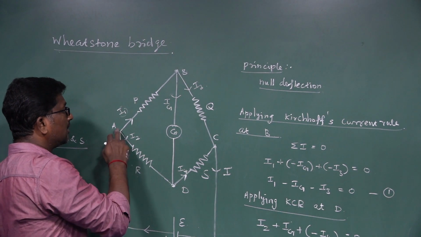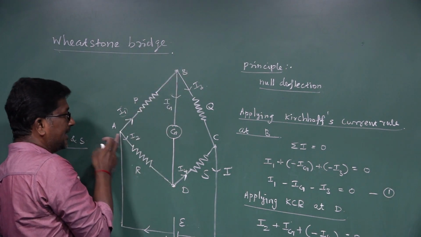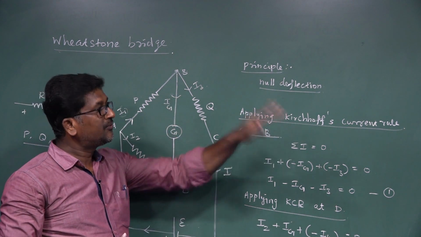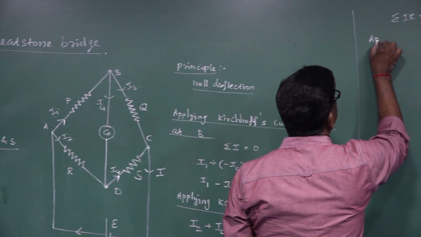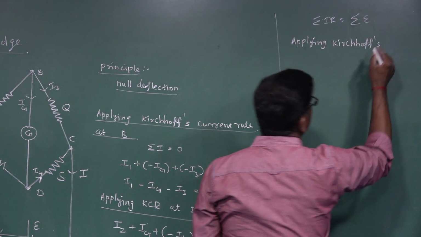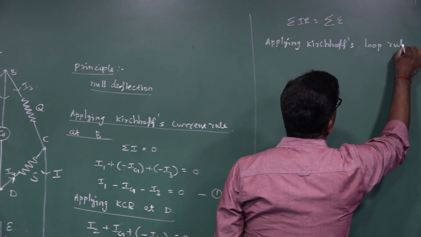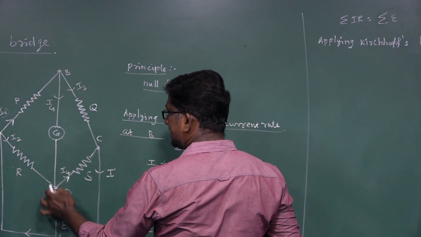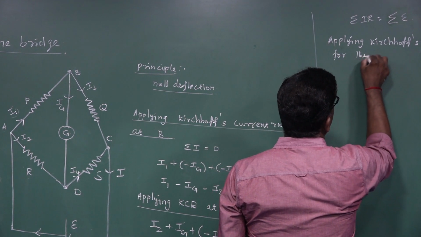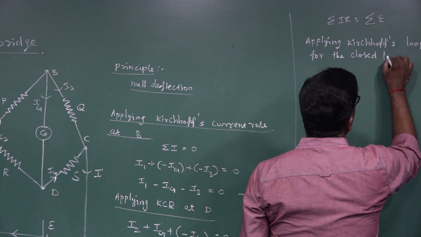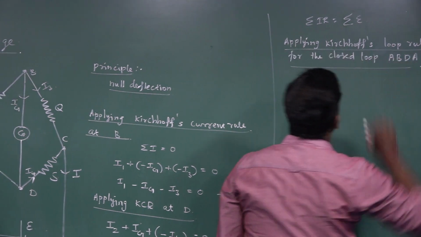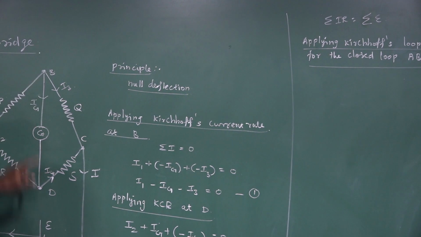First, let me take the first closed loop A, B, D, A: A to B, then B to D, and D to A. In this closed loop, we want to apply Kirchhoff's second rule, the Kirchhoff loop rule, for the closed loop A, B, D, A.